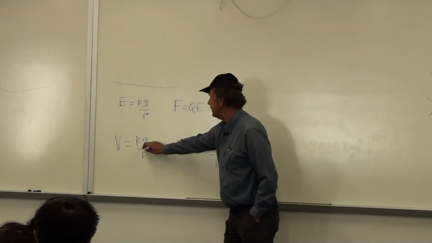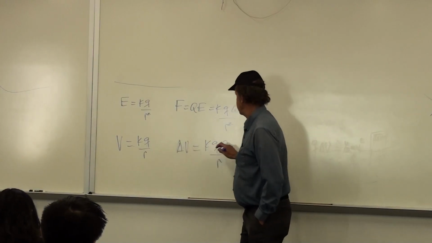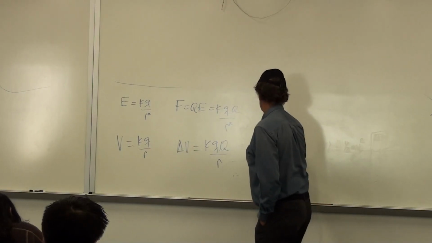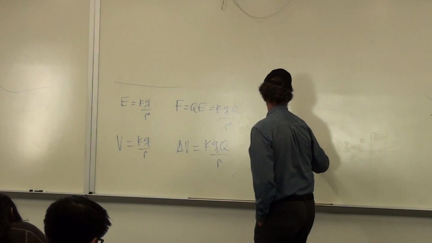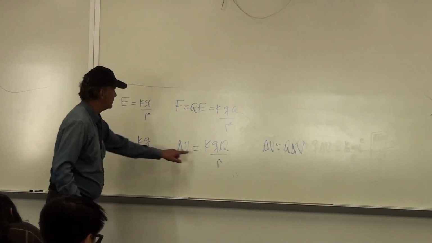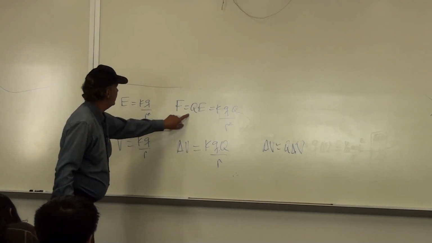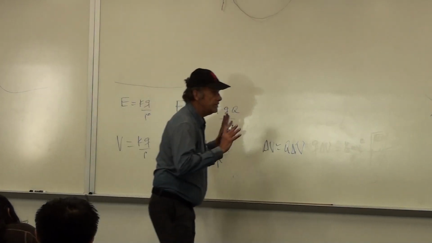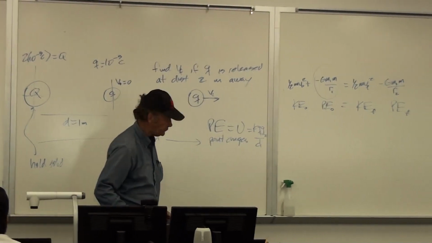This is your voltage, but difference in potential energy is q times voltage. So that's why this follows directly from that. And F equals qE, this follows directly from that. Okay, so just make sure that you drill that in, that that's all real clear to you.